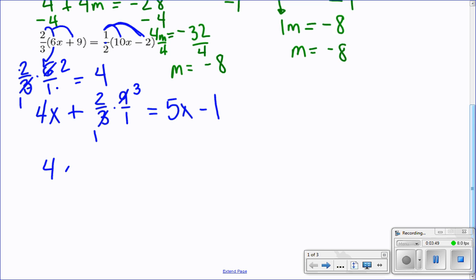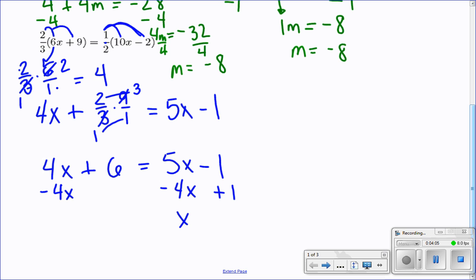So 4x plus, now if we multiply straight across, we've got 6 over 1. So just 6 is equal to 5x minus 1. And then we'll just get all our x's on one side. So of x, we'll add 1 to this side. So move anything without x to the other side, and we get x equals 7.